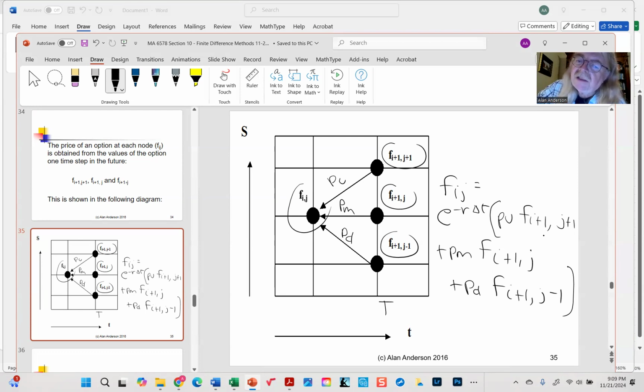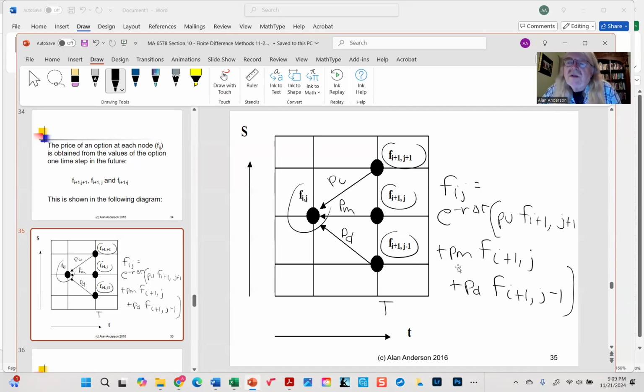And so you can see this does look a lot like the trinomial tree, doesn't it? The trinomial option pricing model. It is very similar in a lot of ways, except that it's taking place within a grid instead of an actual lattice.